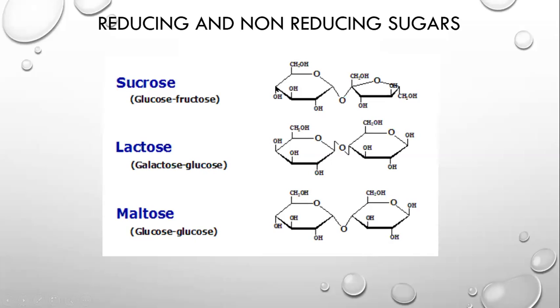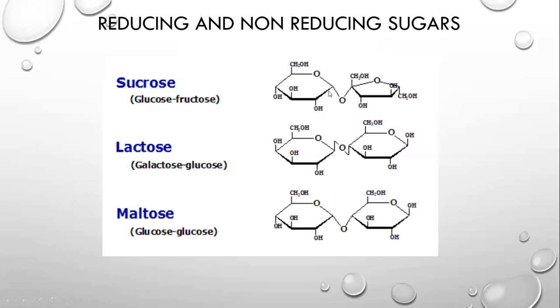This carbon, here also carbon, here also carbon, no chance. Here also carbon, here also carbon, no chance. Here this is the only carbon. You can say it is anomeric in form.